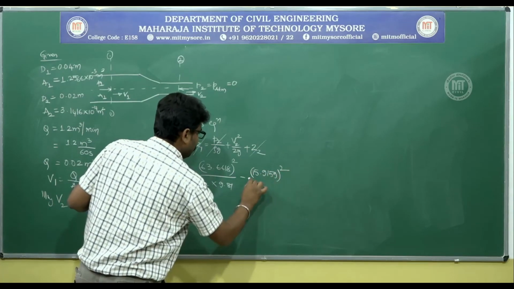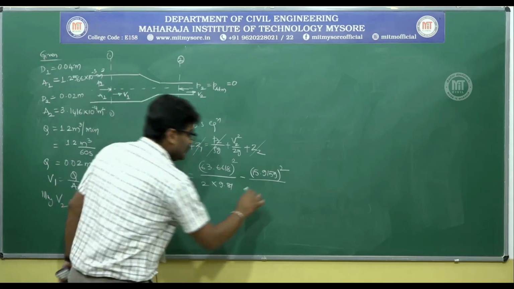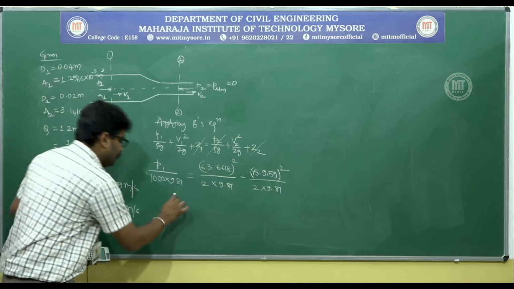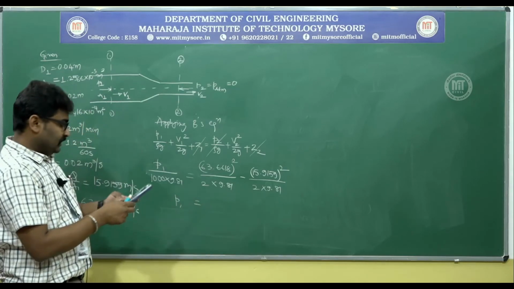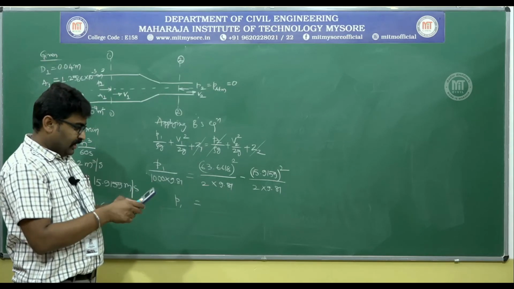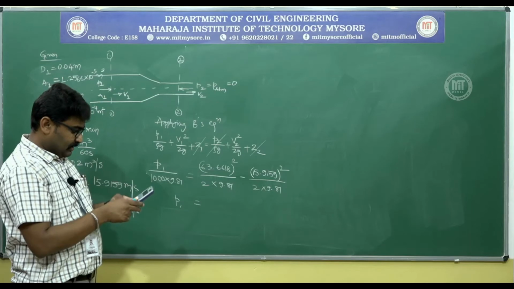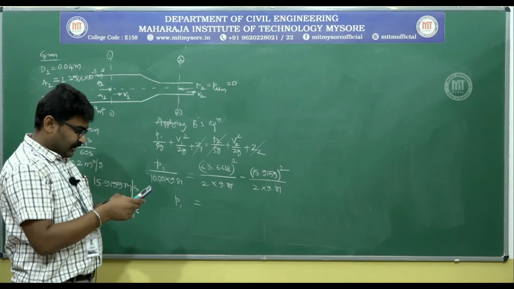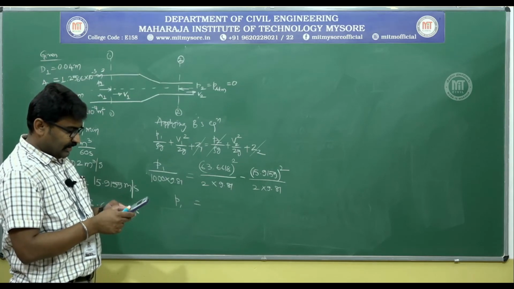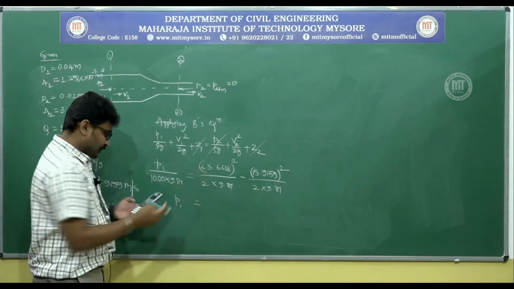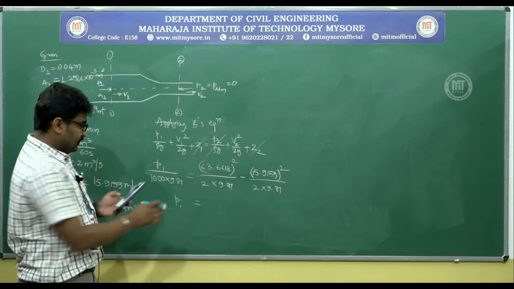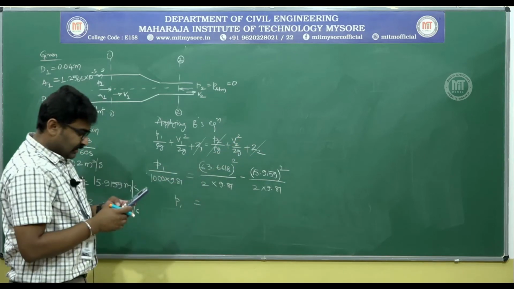15.9159 square. V1 square is 15.9159 square divided by 2 into 9.81. Now, to find P1, you have 63.6618 square minus 15.9159 square, whole divided by 2 into 9.81, and this must be multiplied by 1000 into 9.81, that is sending this denominator onto the right hand side.